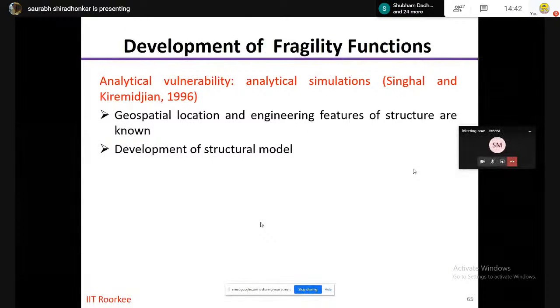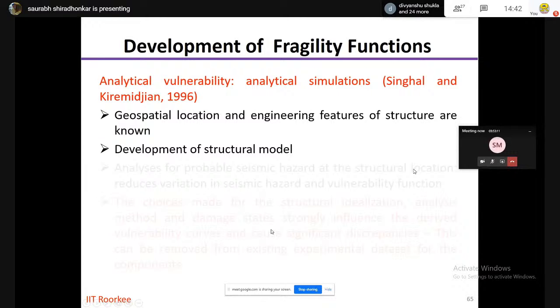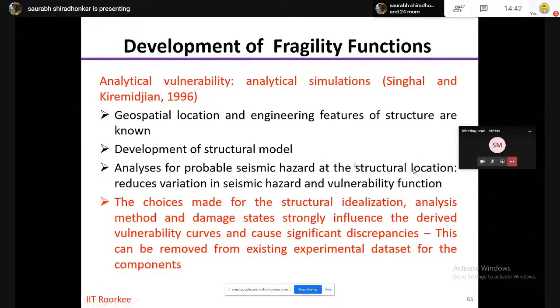Once I have the analytical model, as I said earlier, to figure out the fragility function I need to do a nonlinear time history analysis, and there are methods to develop the fragility function. Once I have the analytical model, I carry out the nonlinear time history analysis.